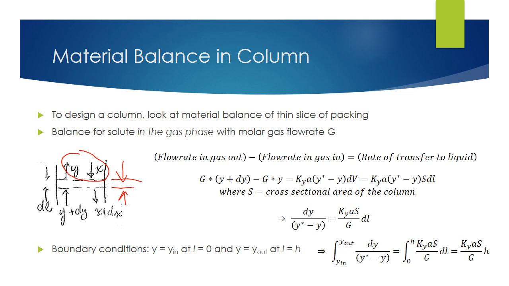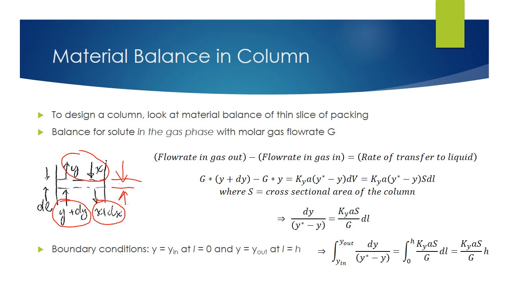And we assume that y changes a little bit as a result of going through that little slice of packing. So we can define y plus dy to be the y value that comes out of that slice of packing plus the difference in what went in. And then x plus dx represents the change in x because of that little slice of packing. So if we define our terms that way, we can do a material balance over that slice of packing.